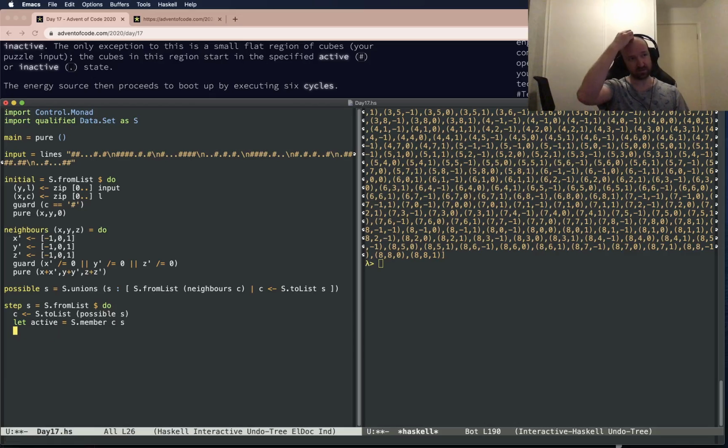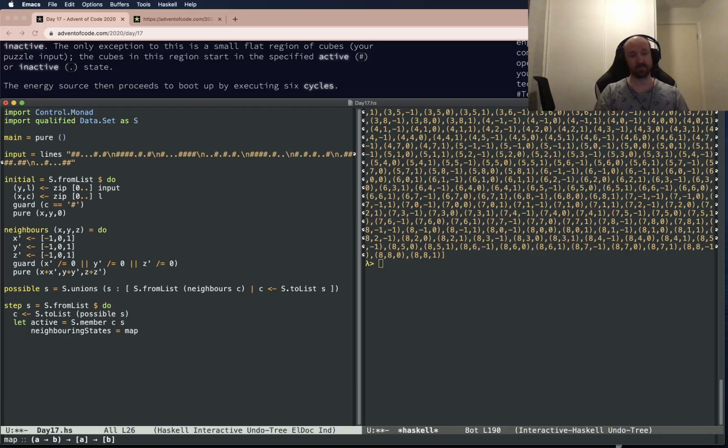And then it's simply if active, we need to get the neighbors. So let's get the activity states of the neighbors. So neighboring states is map. Just look, is that in S?